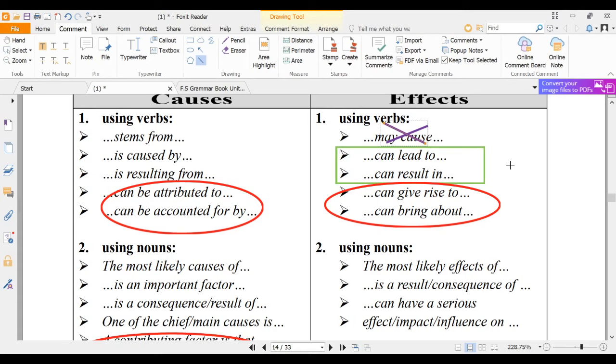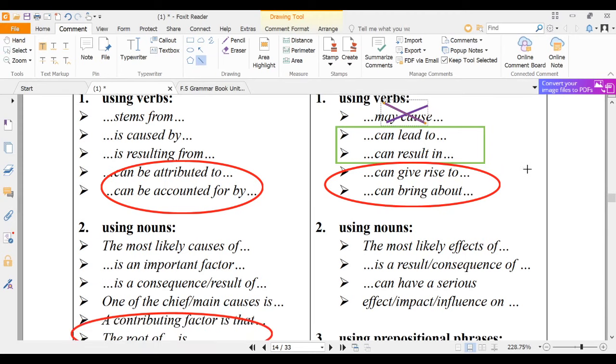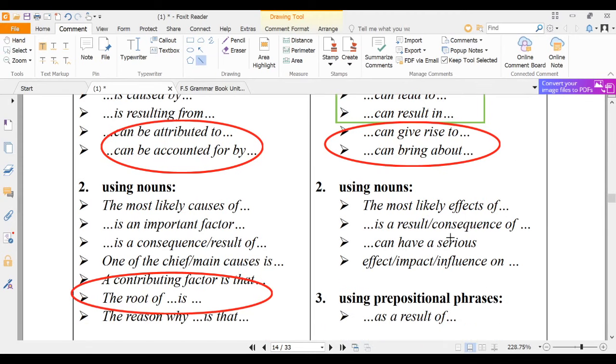I have never ever seen any well-written articles contain this clause. Don't use this, please not. Again, these are no good. No good. This is okay. Is a result or is a consequence of, is the same thing.